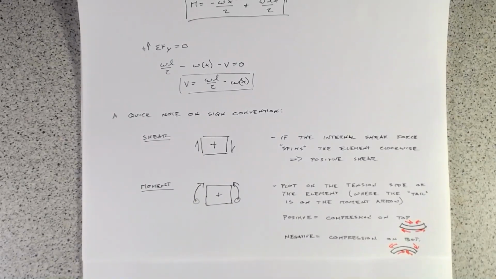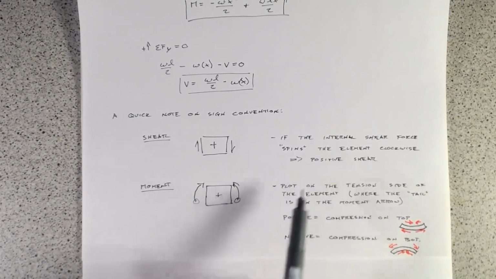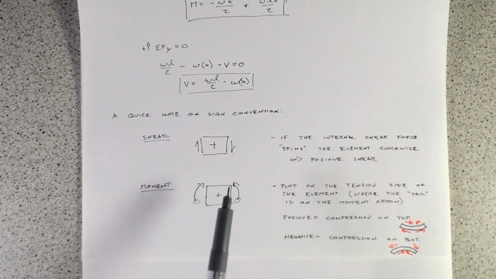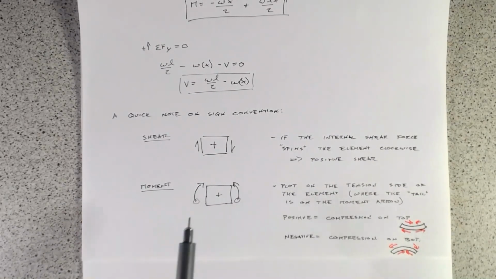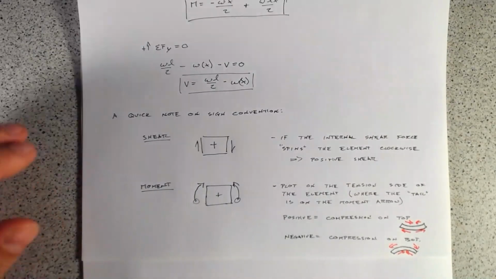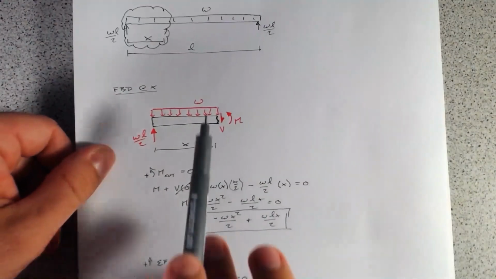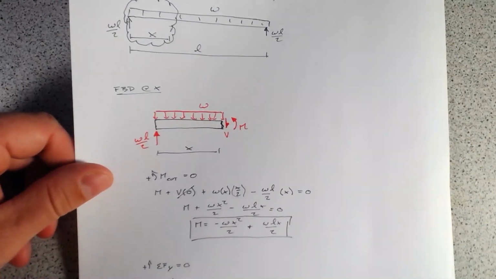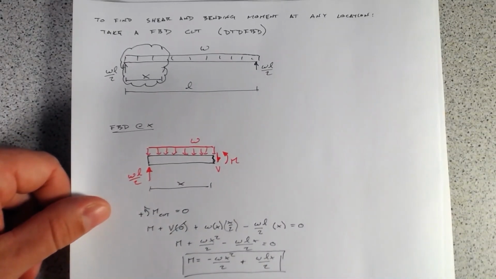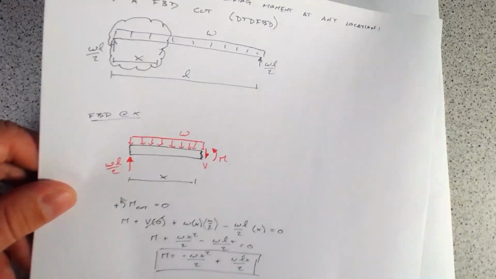So with these sign conventions, where our shear making the element want to spin clockwise is positive, and for the bending moment, always making sure that we plot it on the tension side, the positive and negative stuff will work its way out as we do our plotting. So now that we have that, we can finally get back to the task at hand, which is finding the shear and bending moment diagrams for this beam.